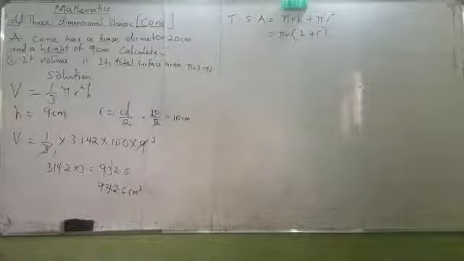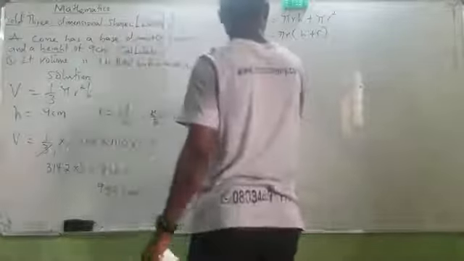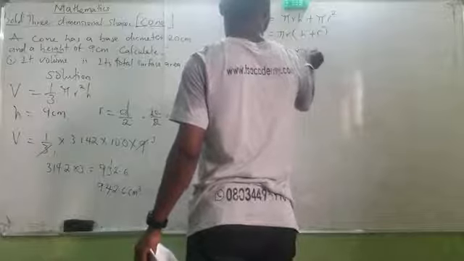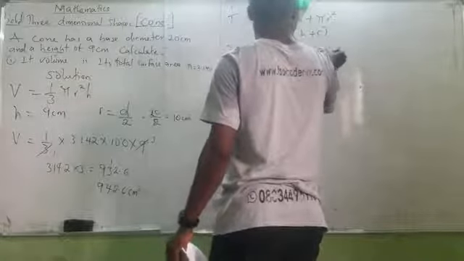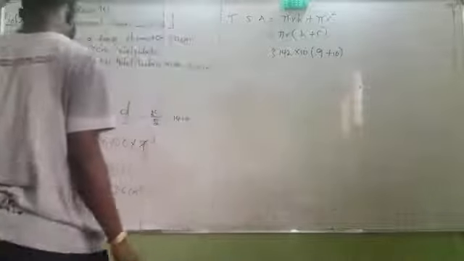Now, we know there's no slant height. Thank God for that. Since there is no slant height, I can continue by having 3.142 multiplied by 10 bracket of 9 plus 10. Yes, I think I'm not making any mistake.